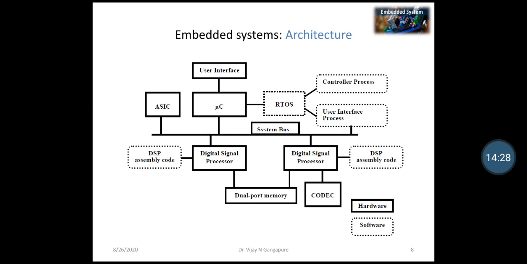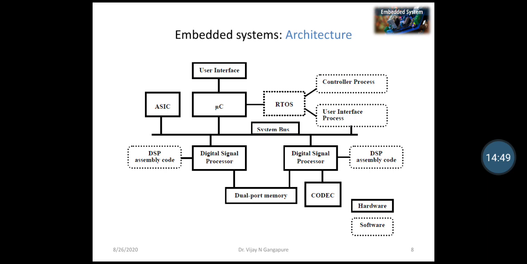At the heart of this embedded system, there is an MCU, meaning microcontroller. And to this microcontroller, a user interface is there, through which the user can interact with the embedded system, or the user can input commands through this user interface.